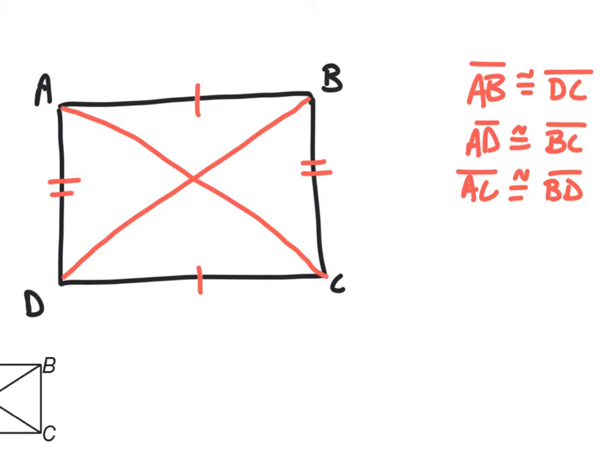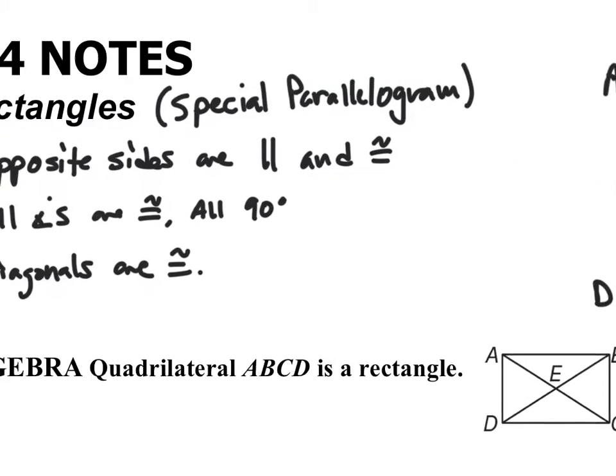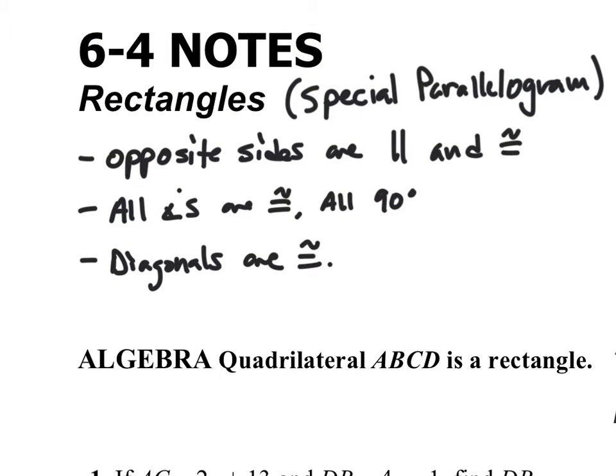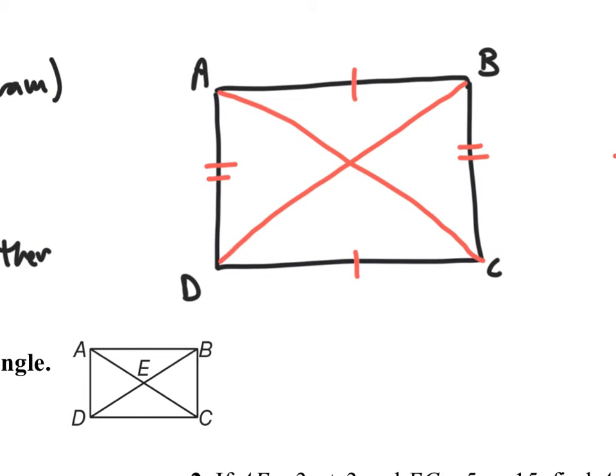The diagonals are congruent, and we should also note in here that they bisect each other. I forgot to put that, bisect each other. So we can label this like that. We can say that all of these segments are congruent then.